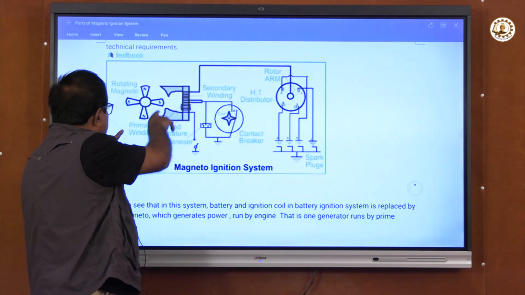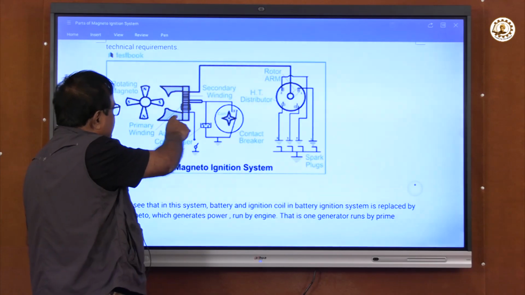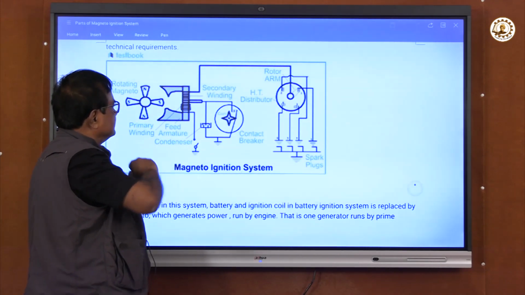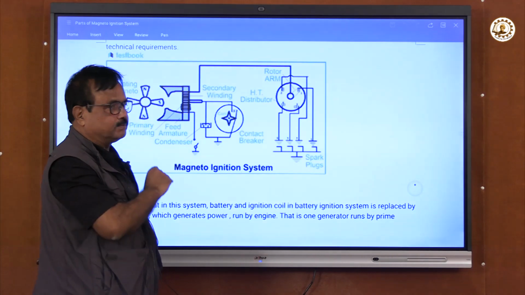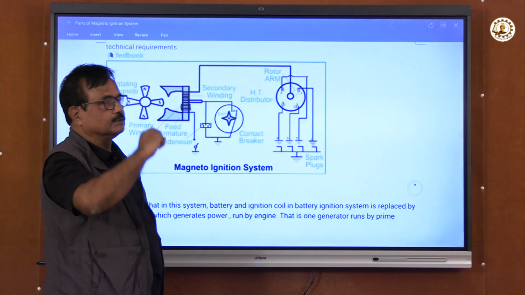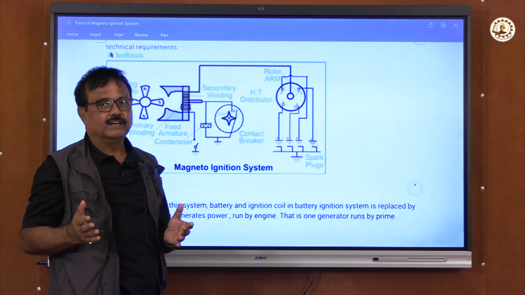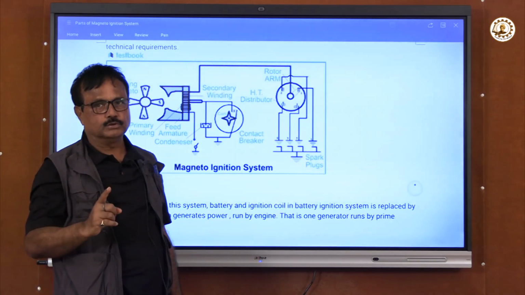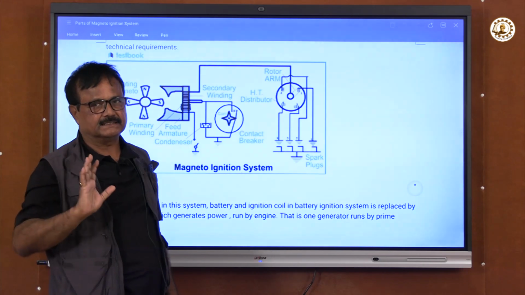Here we have a spinning magnet and a coil; that coil with the induced voltage can give a high voltage of 22,000, but in the battery system, from the 12 volts of the battery, it was giving 22,000. All things are the same. Now you should understand why we use this magneto system and why we use this battery ignition system.